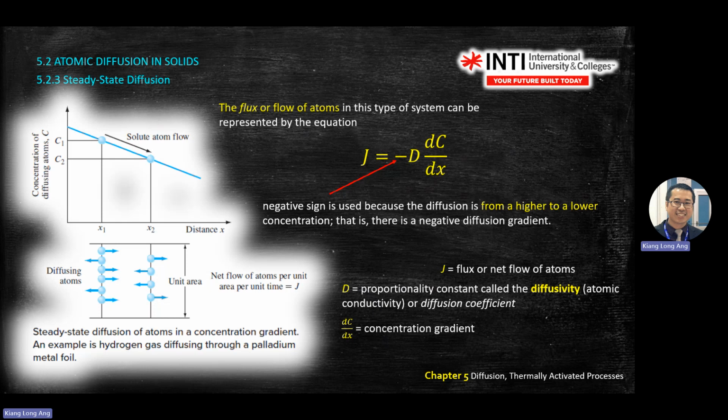J is the net flow of atoms. If you see from the graph here, it gives you a negative gradient, so negative D dc/dx.